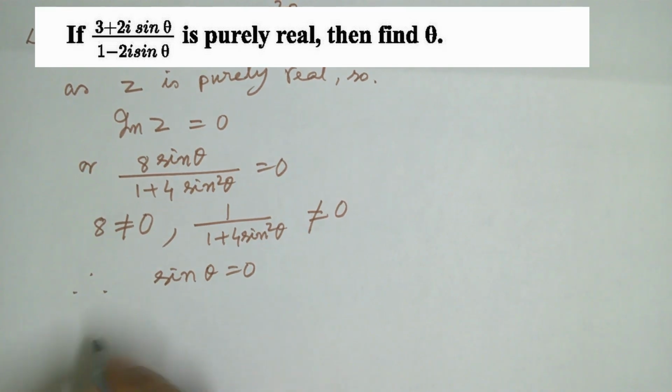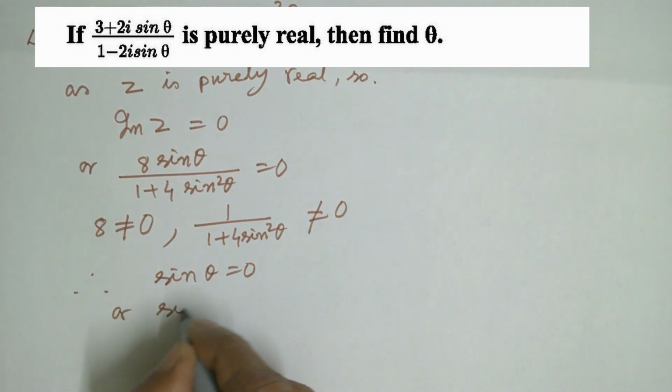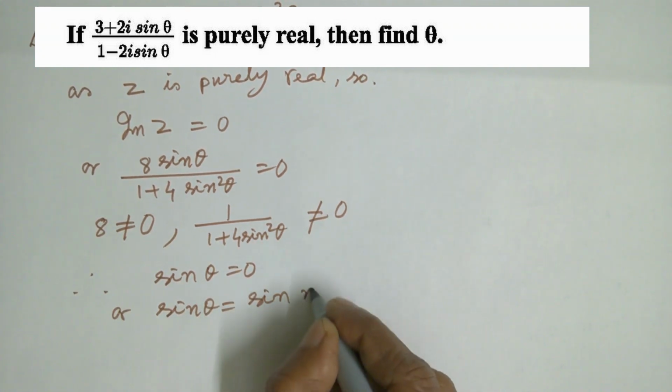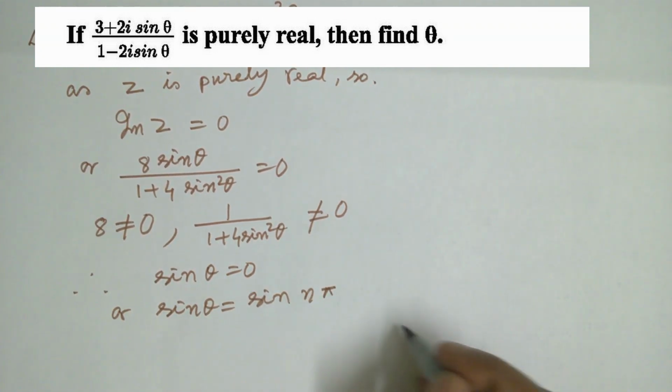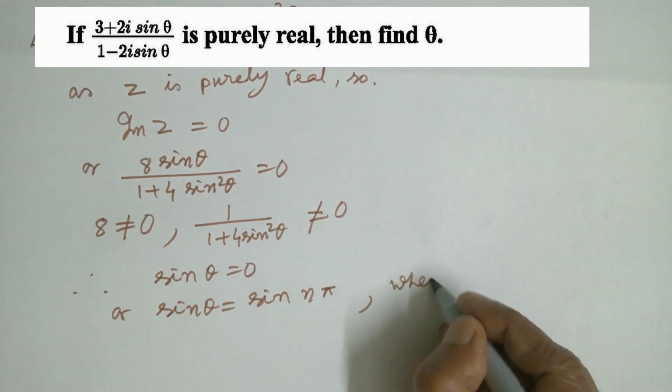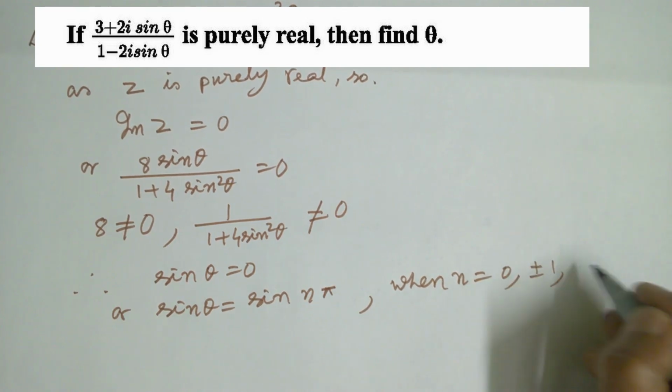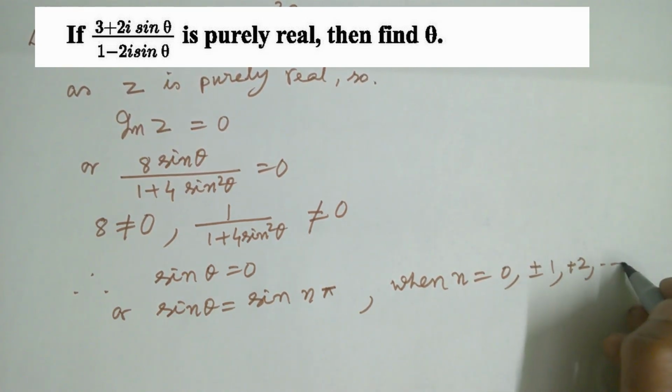Sin theta equal to 0 we can express as sin theta equal to sin n pi, where n is equal to 0, plus minus 1, plus minus 2, and so on.